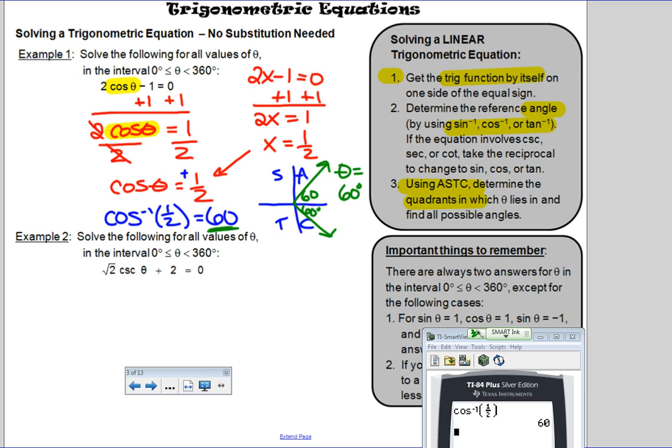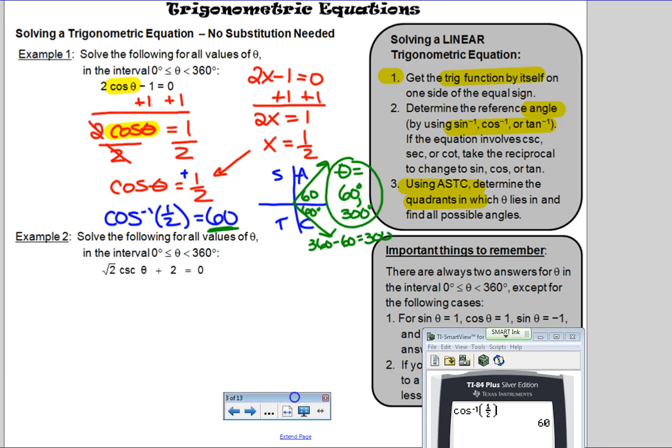That's the only time the angle actually matches itself. And then in quadrant 4, you have to remember it's 360 minus 60, which is 300. And those are the 2 angles that will make cosine theta equal positive 1/2.